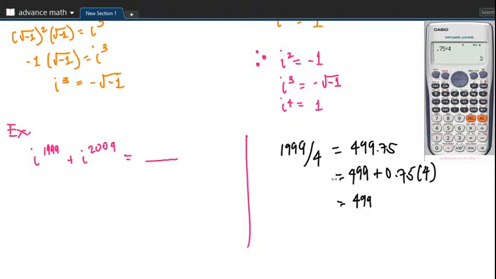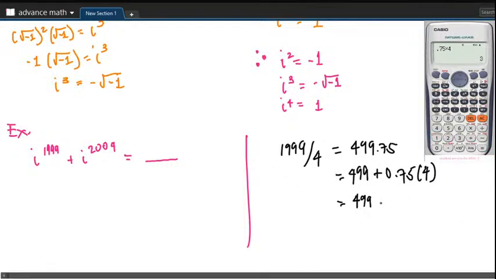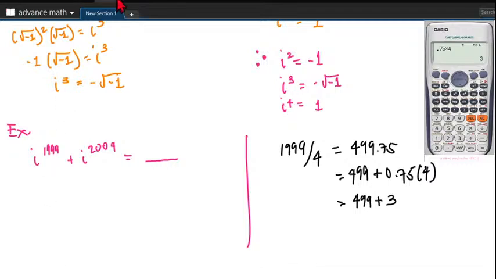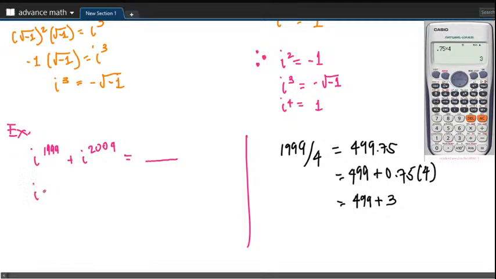So we have 499 plus 3. Now we could have our exponent as i raised to 499 plus 3.